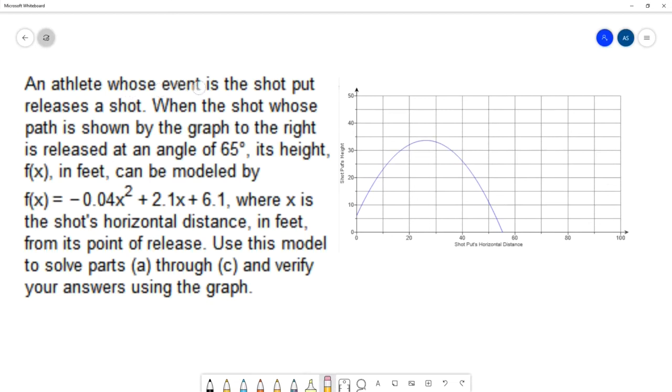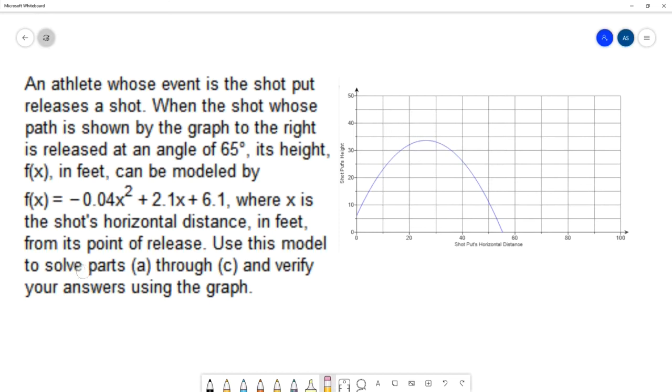An athlete whose event is shot put releases a shot. When the shot, whose path is shown by the graph to the right, is released at an angle of 65 degrees, its height, f of x in feet, can be modeled by this equation: f of x equals negative 0.04x squared plus 2.1x plus 6.1, where x is the shot's horizontal distance in feet from the point of its release.